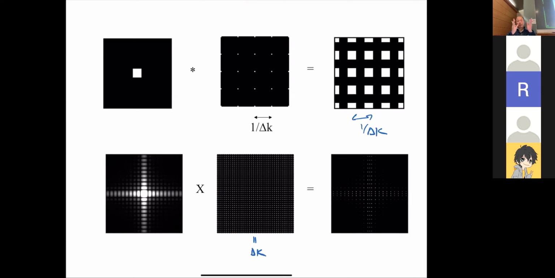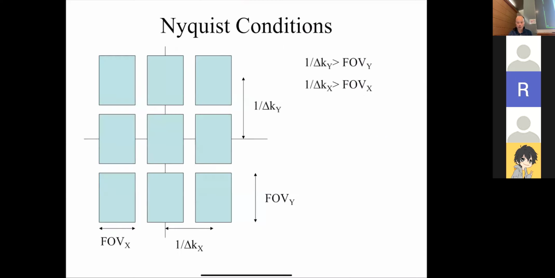Once you know what the field of view is, then you know what the delta K is. There are two design rules, one for each axis. Typically you're given a field of view in Y and a field of view in X. The design requirement is that 1 over delta Ky is greater than that. But for all your homeworks, and typically in practice, we just make it an equality.